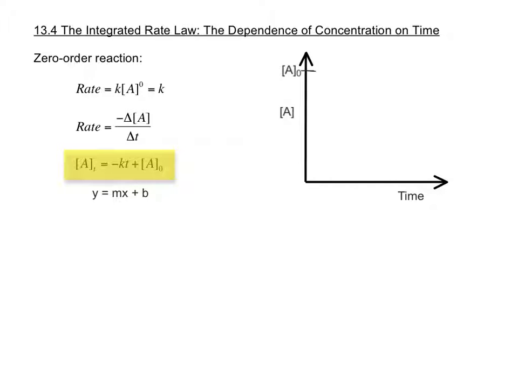All right, and then as the reaction progresses, we're just going to get a straight line that comes down, and the slope of that line is going to be the negative of the rate constant K. So anytime you see a plot that's concentration versus time and you have a straight line, then you know that you have a zero order reaction.